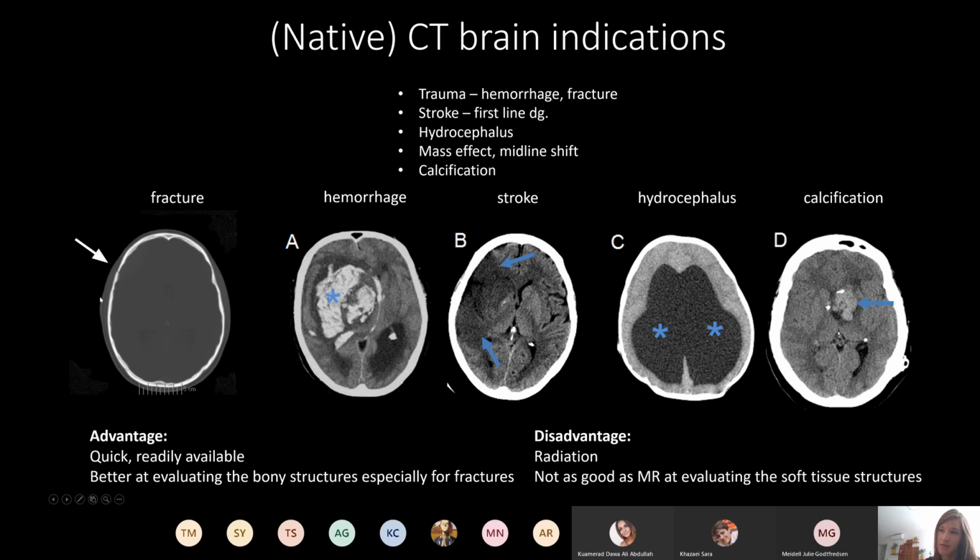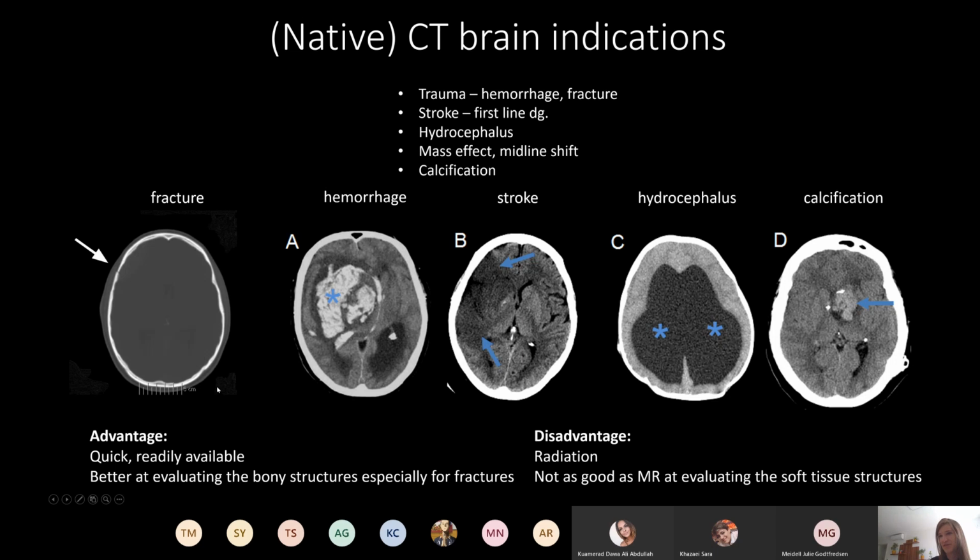This is a fracture here on the left. On image A, this is a big hemorrhage. You can see that pretty well on the CT. This hypodensity here on image B is a stroke, like ischemia. C is hydrocephalus, like big ventricles. And calcification is hyperdense. It's like bone on CT.